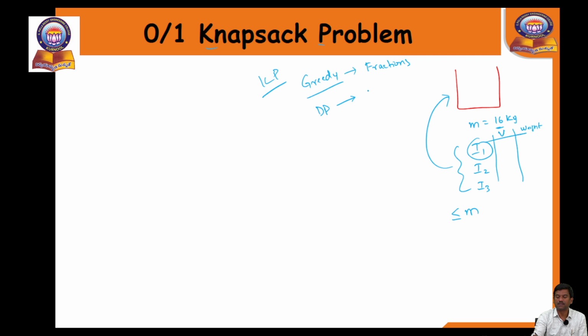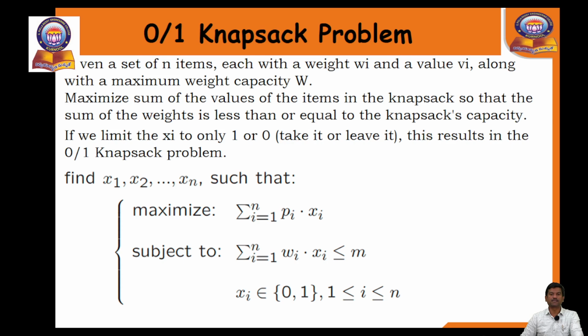In dynamic programming, either you take the item or drop the item. And since it is a maximization problem, you need to get the maximum profit by considering these constraints.